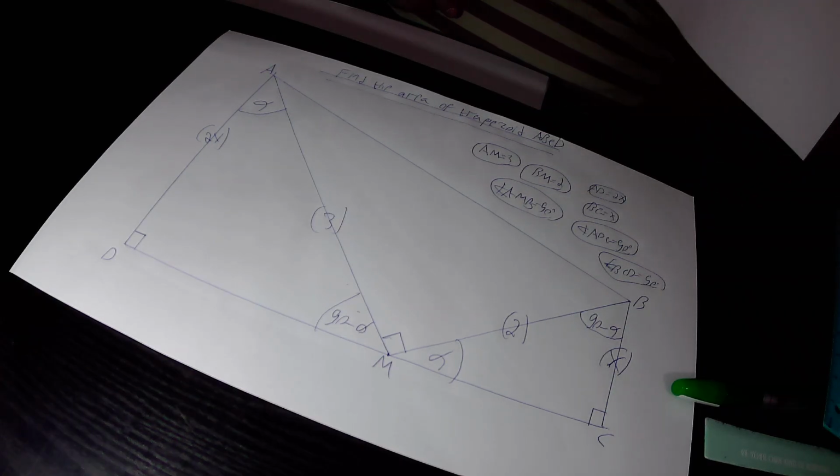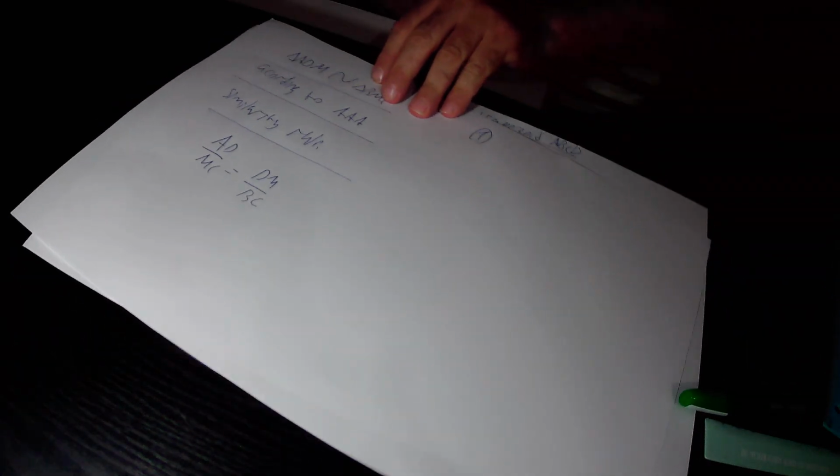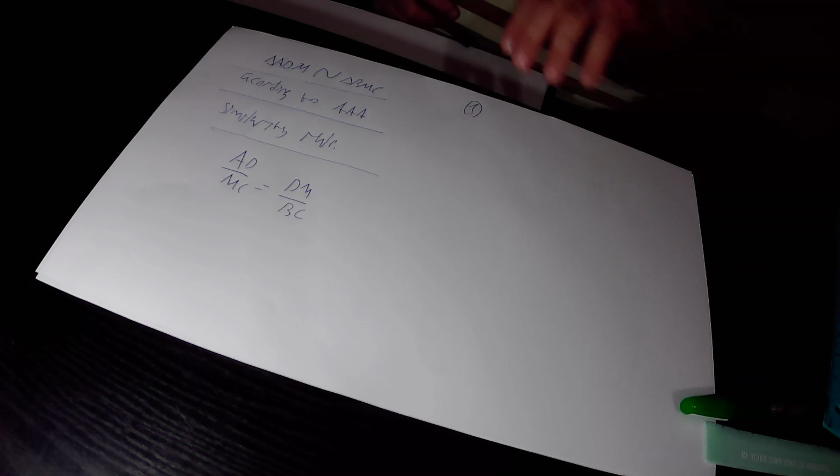And again, we derive that side AD of the big right triangle ADM over side MC of the small right triangle BMC equals side DM of the big right triangle ADM over side BC of the small right triangle BMC.